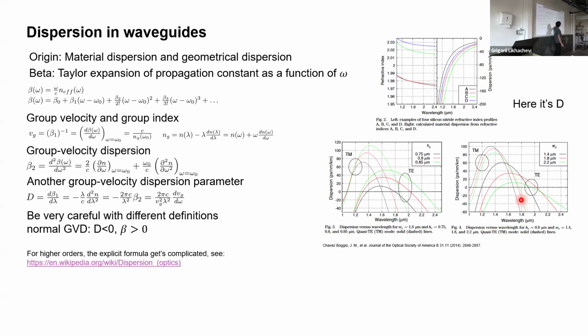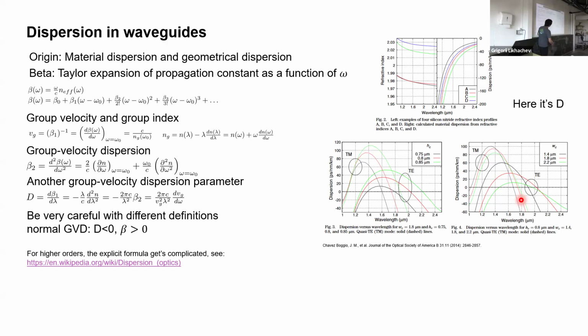Here this is 0.75, 0.8. So the thicker silicon nitride you get, the more anomalous GVD you have. That's also why Logitech wants two platforms, one thinner, one thicker. The thicker one is 800 because that one supports solitons, having anomalous GVD.